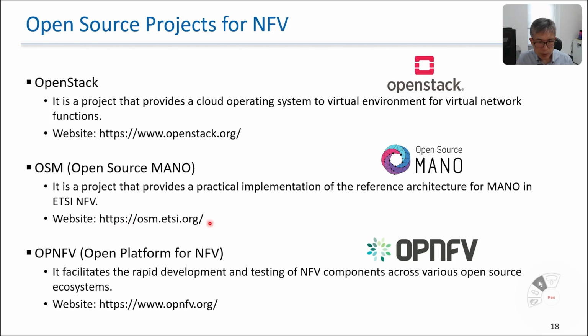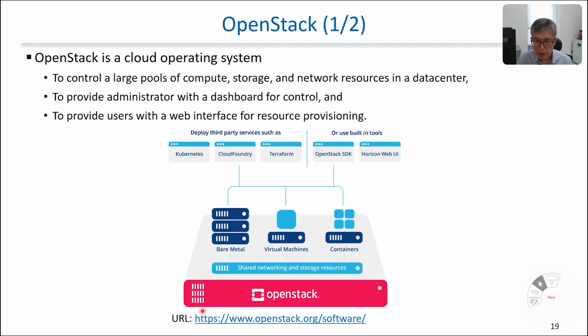You can visit this OSM website. Lastly, OPNFV, Open Platform for NFV, facilitates the rapid development and testing of NFV components across various open source ecosystems. You can visit this OPNFV website.